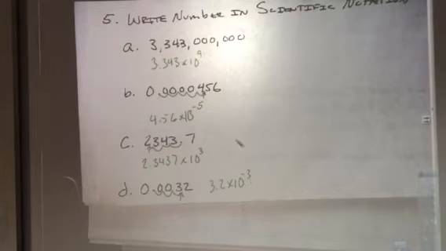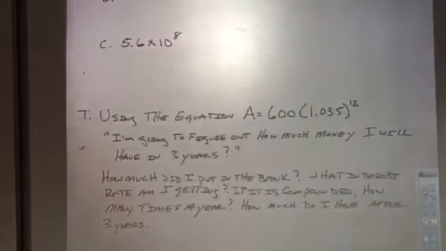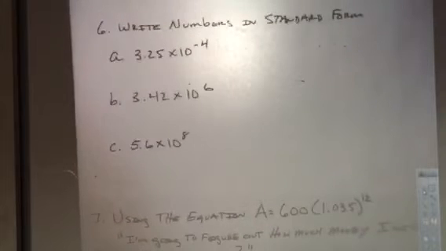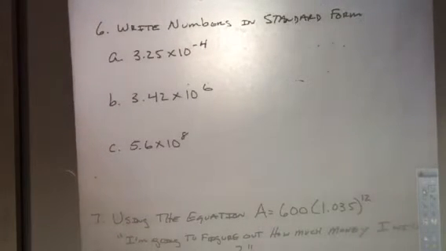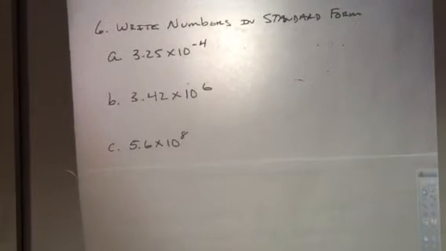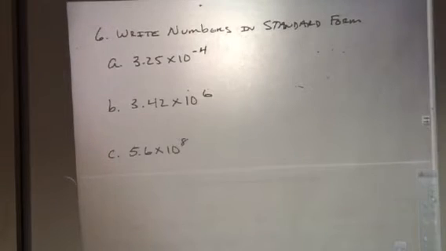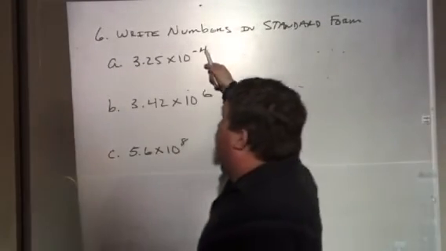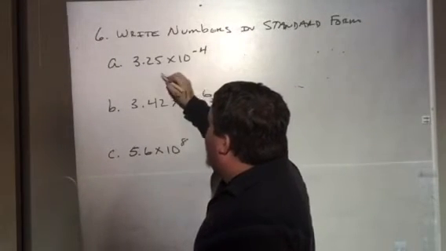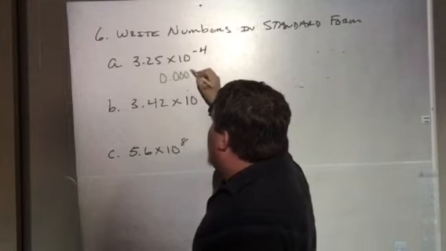On problem 6, again, we're going to go from scientific notation to standard form. Since our exponent is negative, that means we're going to move our decimal to the left. So 1, 2, 3.